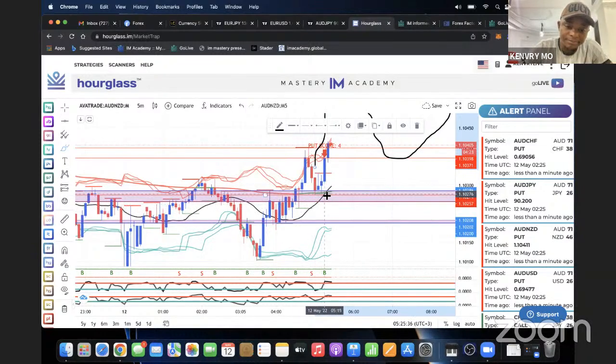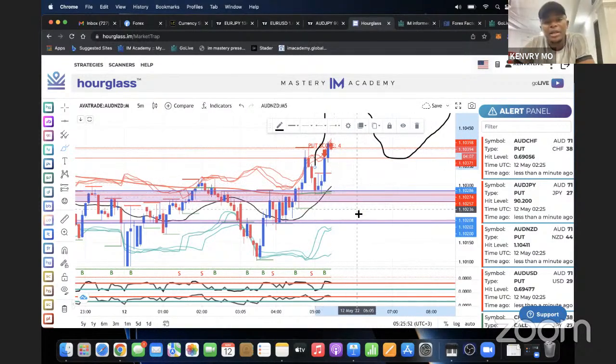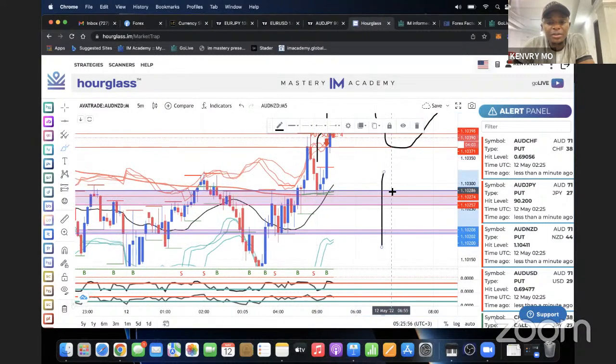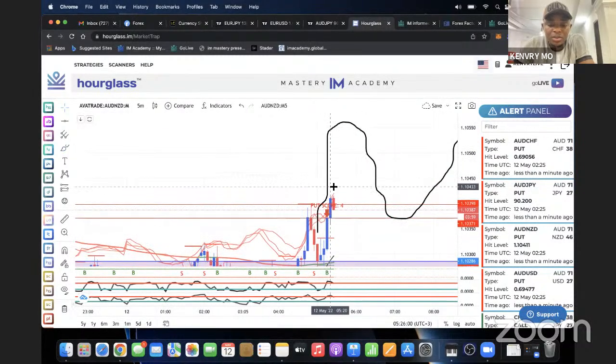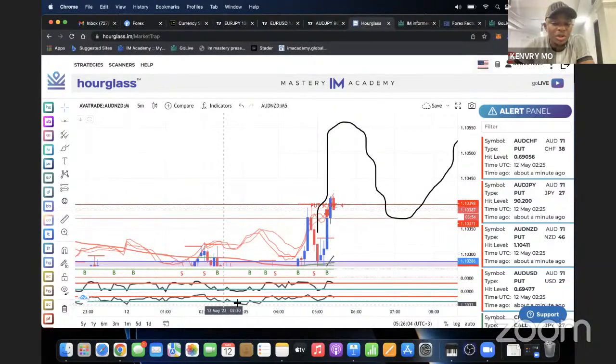EMA and super trend tend to push price. They are like bands that push price. So whenever it comes to touch it, it means the force of it is strong at that point, like you see what happened here right now. For this kind of trade, this needs time for the market to break this structure, come to this structure.